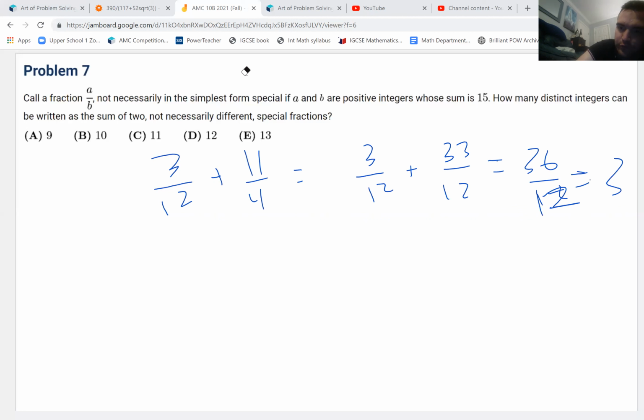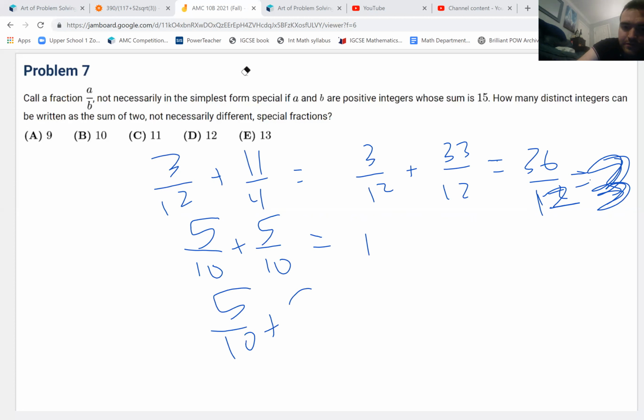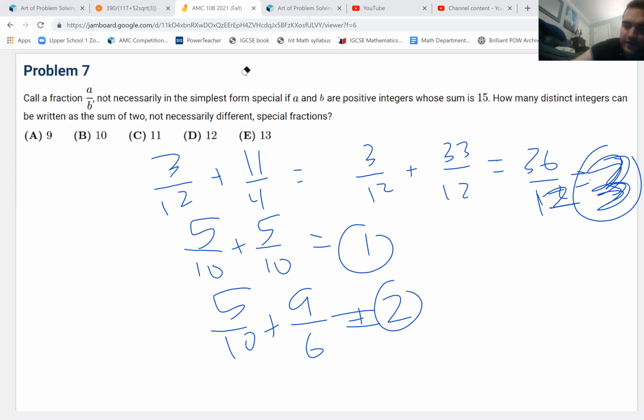So 3 is one possible integer you can get. Another example would be 5 over 10 plus 5 over 10, which is going to give you 1. You can do 5 over 10 plus 9 over 6, 1/2 plus 3/2, which is 4/2, which would give you 2. So you can get 3, 1, 2.